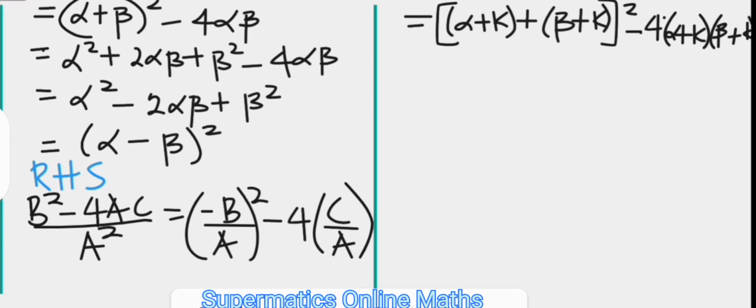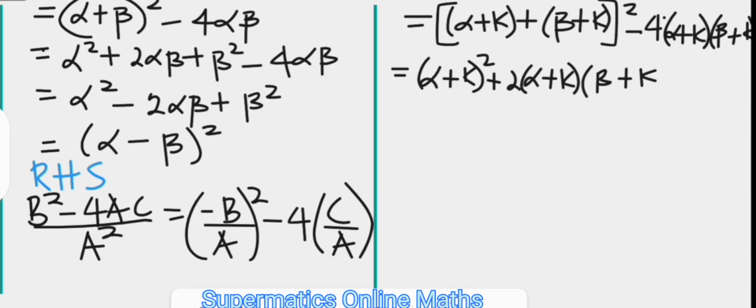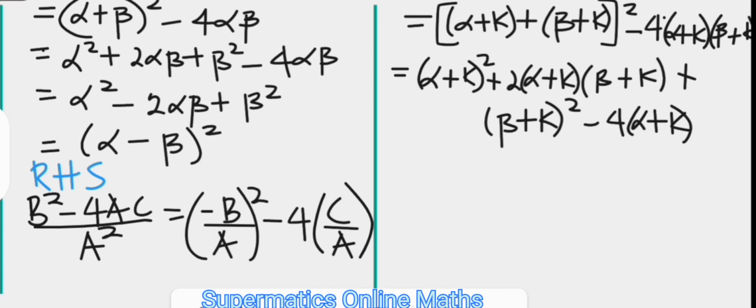Now the bracket when opened up gives alpha plus k squared plus 2 times alpha plus k beta plus k plus beta plus k squared and minus 4 times alpha plus k times beta plus k.